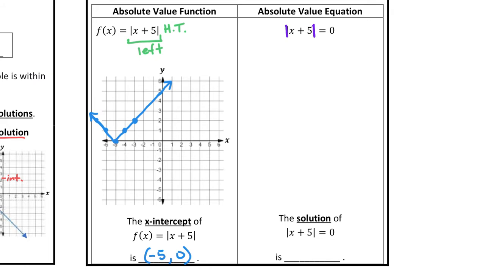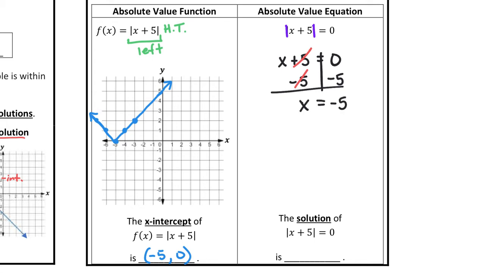So all I'm doing is I'm just going to take what's inside of the absolute value, the x plus 5, and set it equal to 0 and solve for x. So the opposite of adding 5, subtracting 5. This cancels. Bring down the x equals -5.